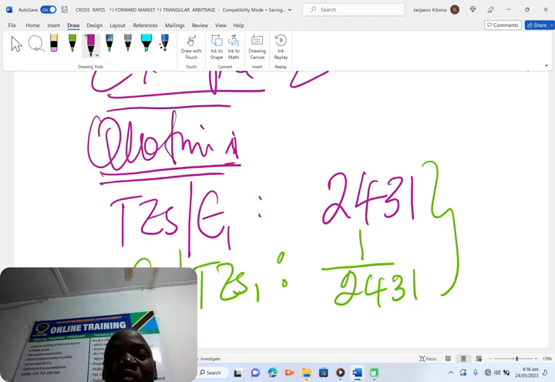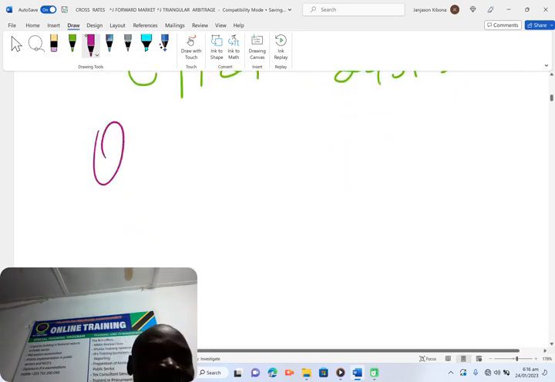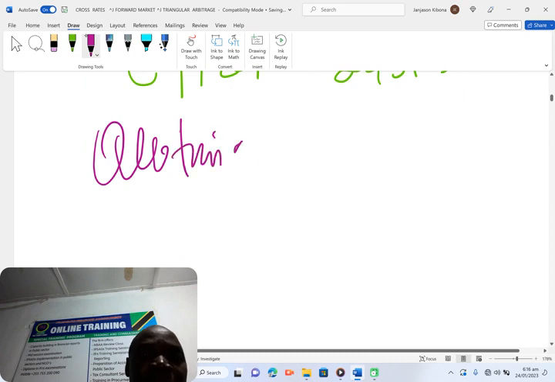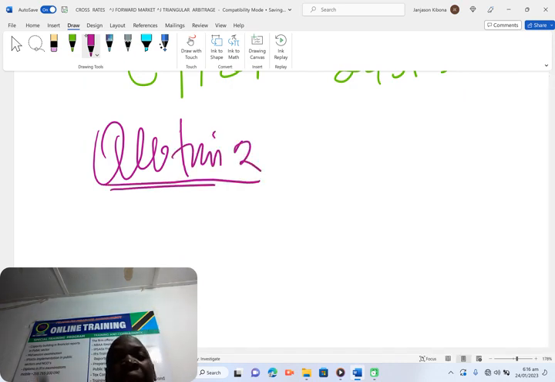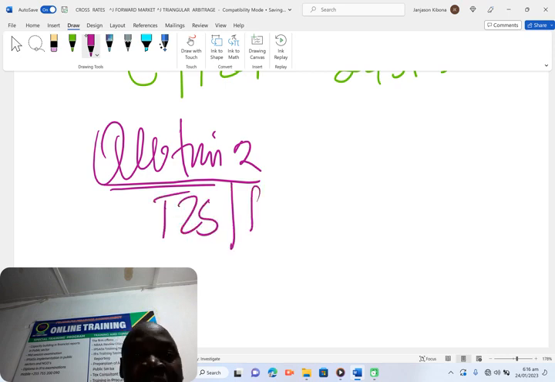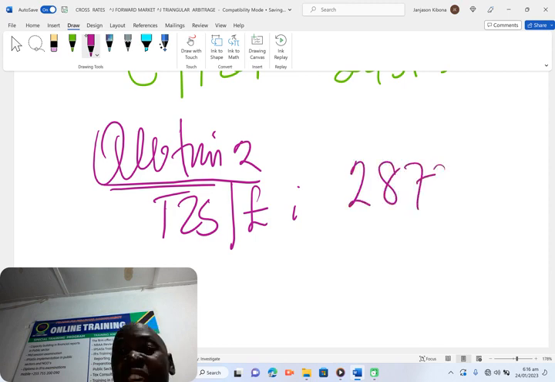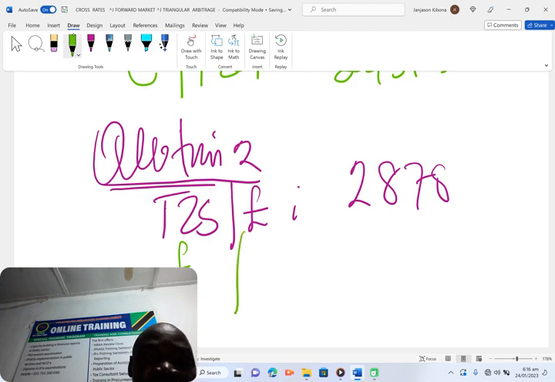Now let's see quotation 2. If a pound is quoted against Tanzanian shillings and the quotation is 28.78, the reciprocal in this transaction is pound stroke, so the TZS 1 must be here.